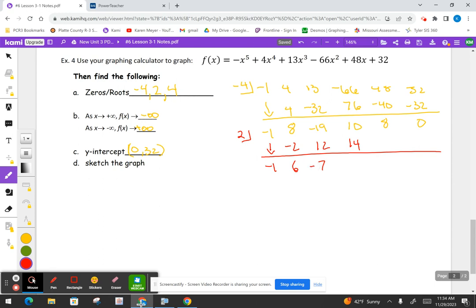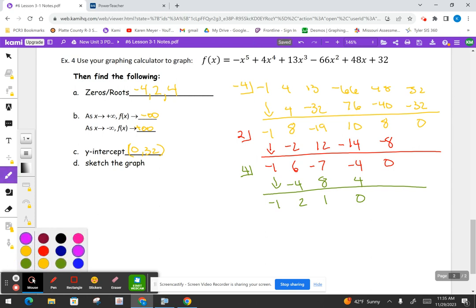Oh, whoops, don't forget your negative. And get the remainder of 0. Then we have to do synthetic division one more time. And I get a remainder of 0.